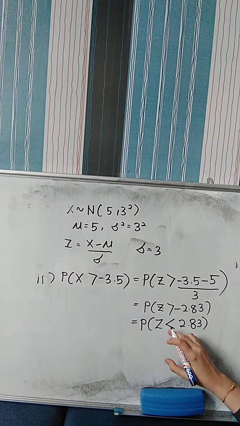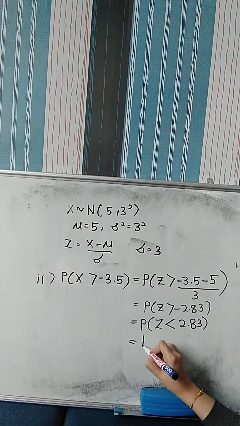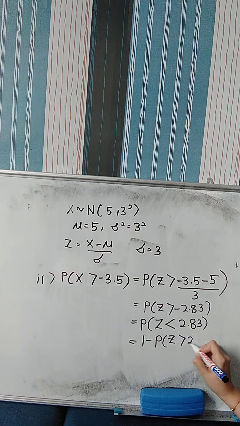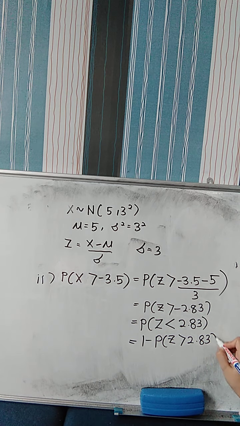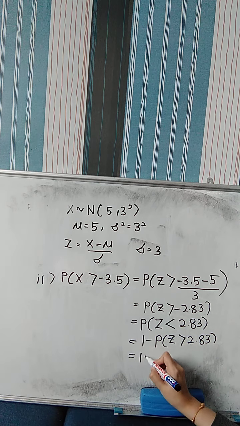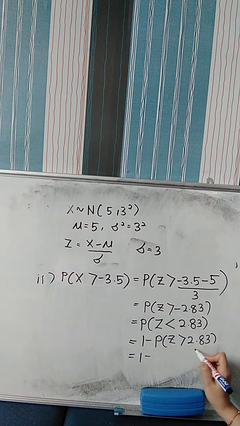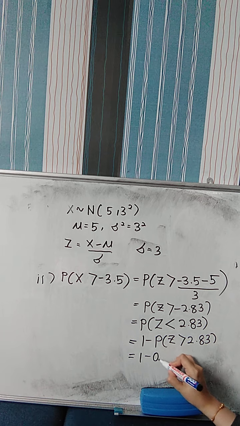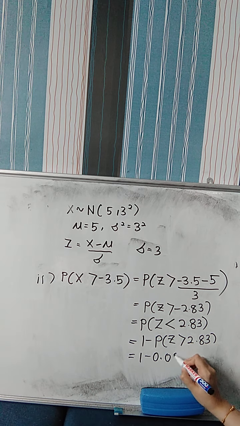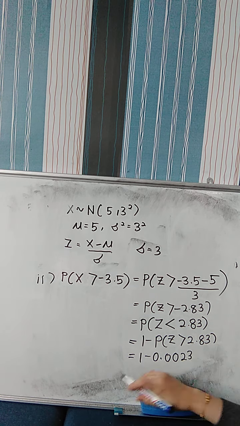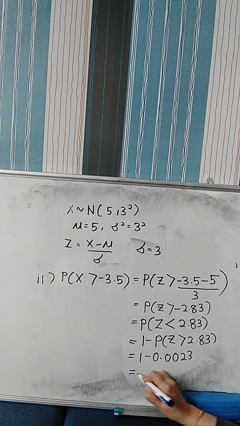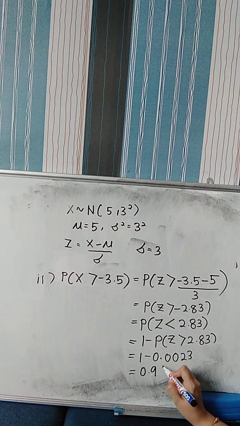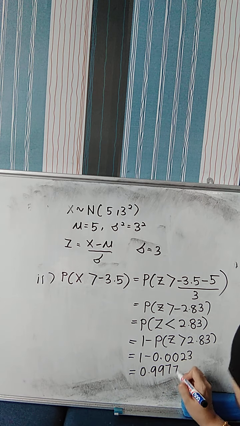If less than, it means 1 minus P(Z more than 2.83). So 1 minus P(Z more than 2.83), read from the table is 0.0023. So 1 minus 0.0023, the answer is 0.9977.